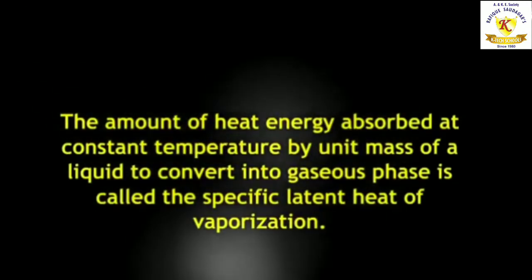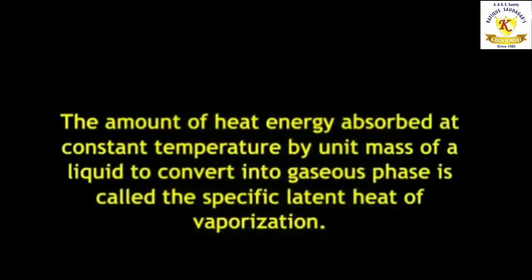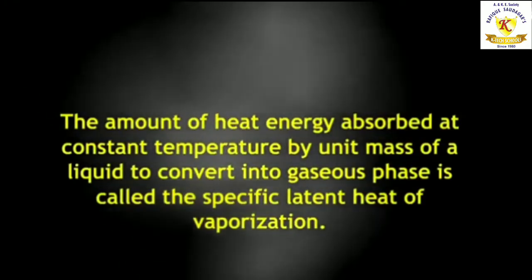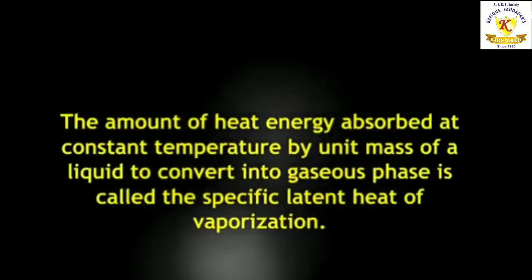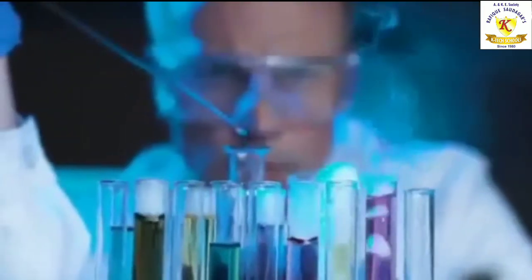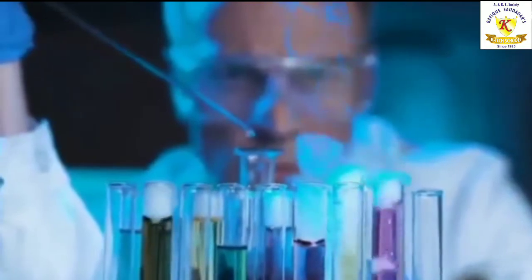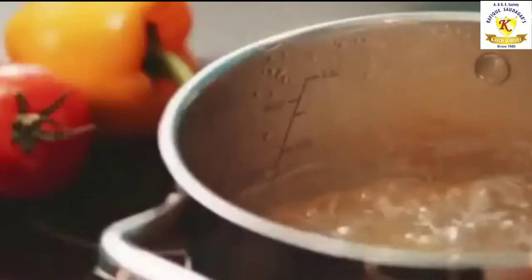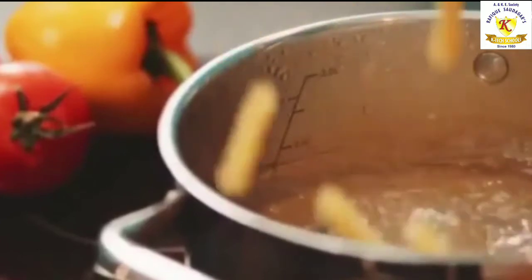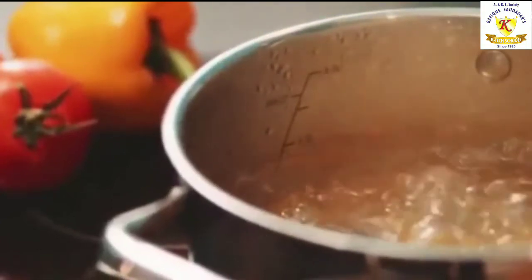The amount of heat absorbed at constant temperature by unit mass of a liquid to convert into gaseous phase is called the specific latent heat of vaporization. Different substances have different melting points and boiling points, and the values of melting point, boiling point and latent heat depend on atmospheric pressure.